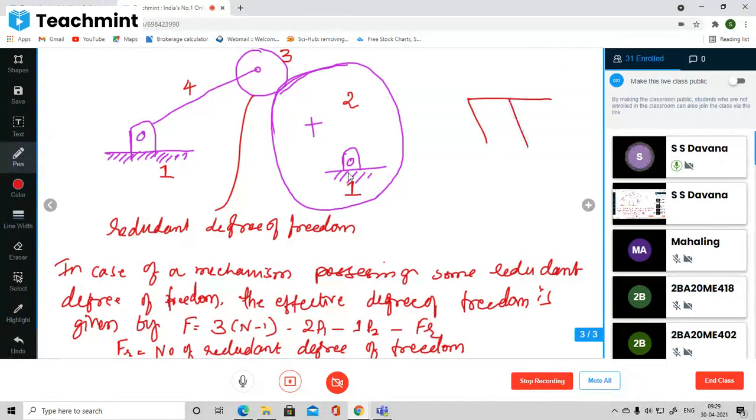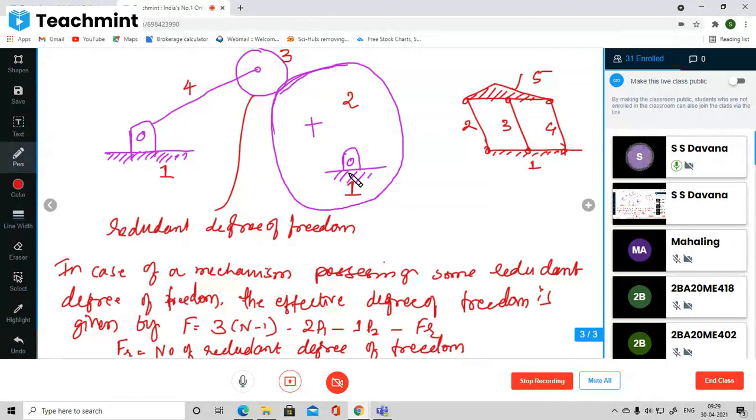You have one more diagram, or one more example, where you have a redundant link which does not cause any effect on the mechanism motion. If you consider this is the first link, second, third, and fourth link, and this is the fifth link, in this case you can neglect link 3, link 4, or link 2. If you remove link 3, it gives the perfect mechanism.